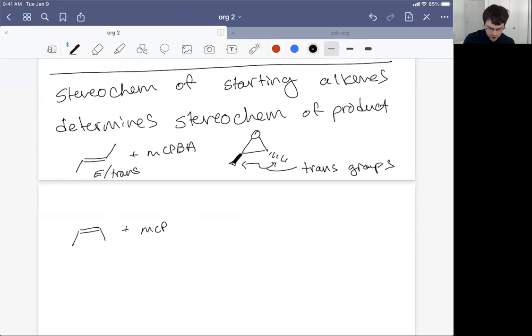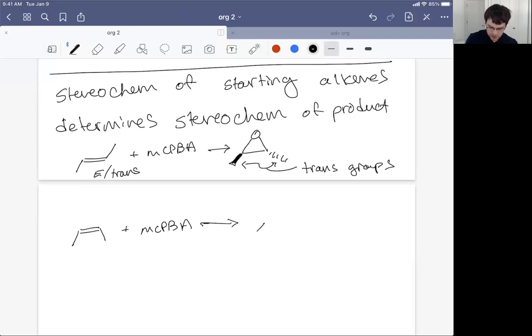And the reason why this works this way is because in our epoxide, a three-membered ring, the bonds to the epoxide must both be the same, both be wedges or both be dashes, or if we orient them as straight lines, it allows us to see the wedges and dashes of the things attached to the epoxide, and those will remain consistent from the starting material.